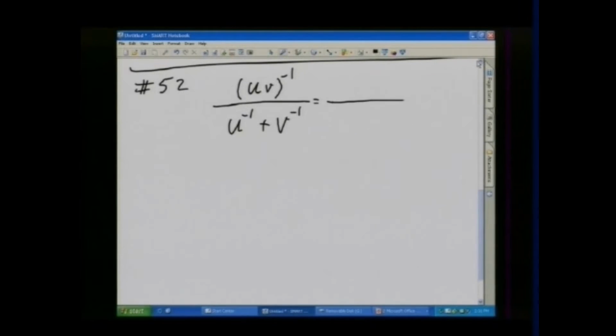Now, as you know, whenever we have a negative power, we can write that with a positive power. All we have to do is inverse it. So the numerator here would look like 1 over u times v to the 1 power, of course, which we don't have to write the 1 power.